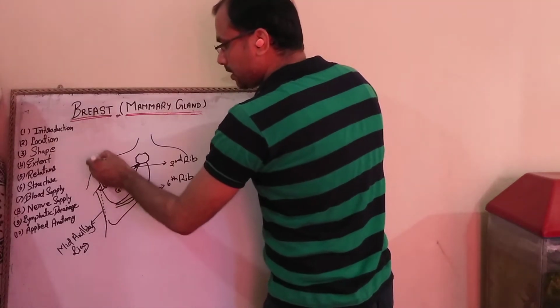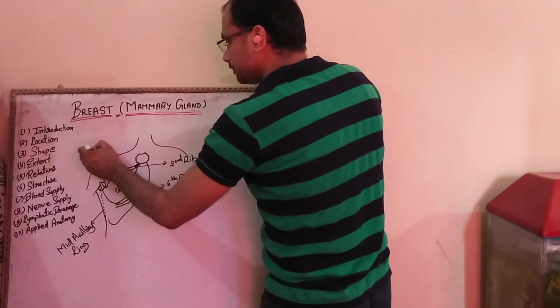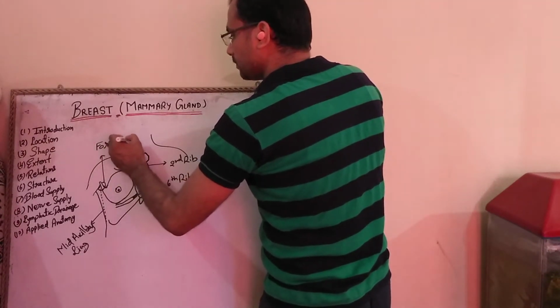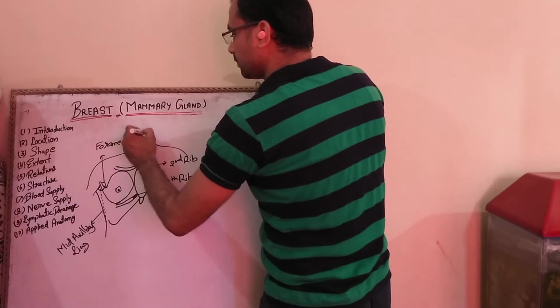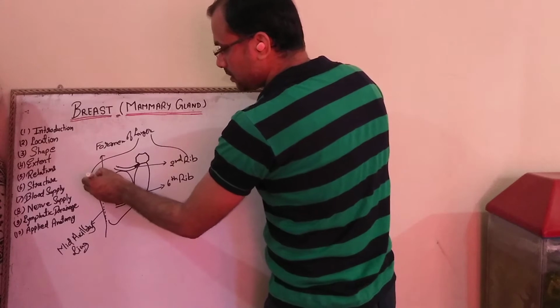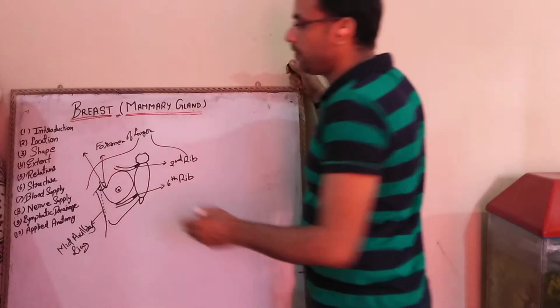This opening is known as the foramen of Langer, and this conical extension is known as the axillary tail of Spence.